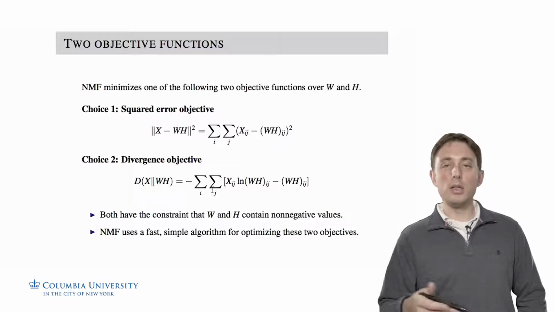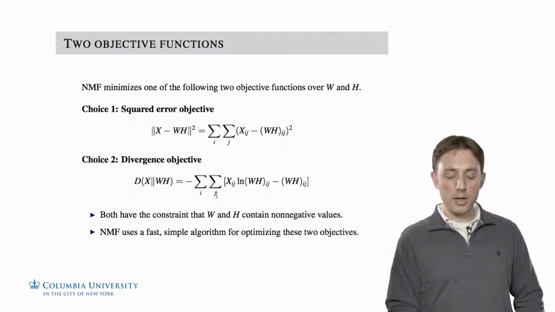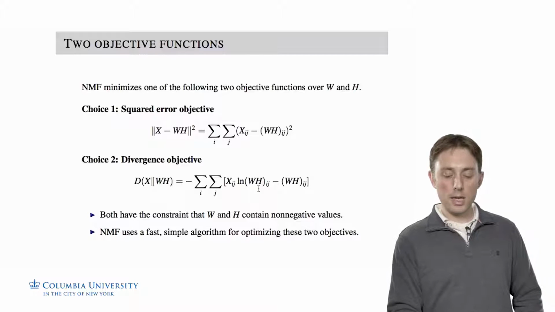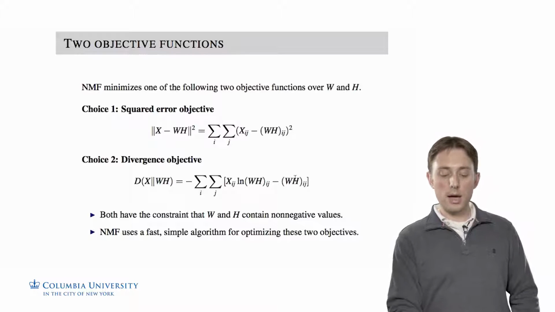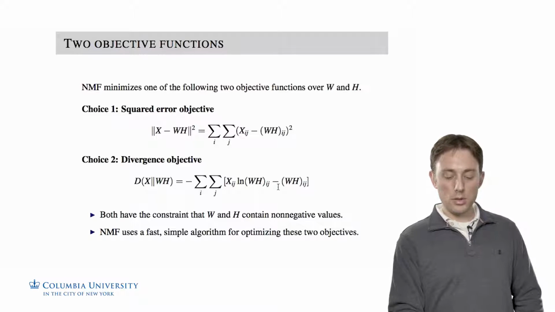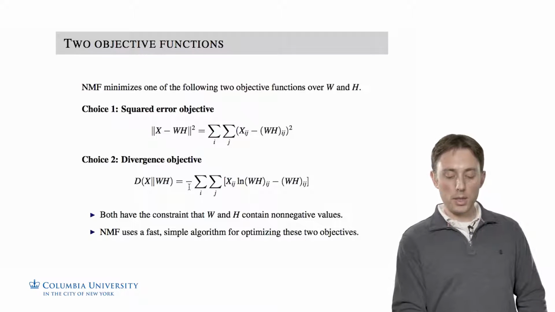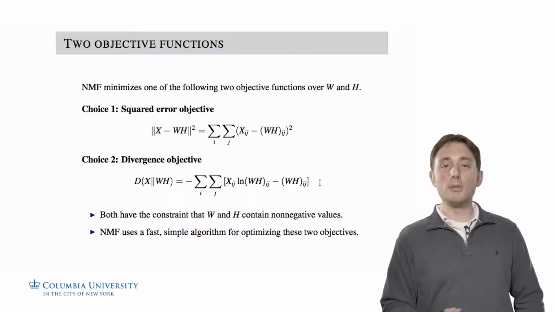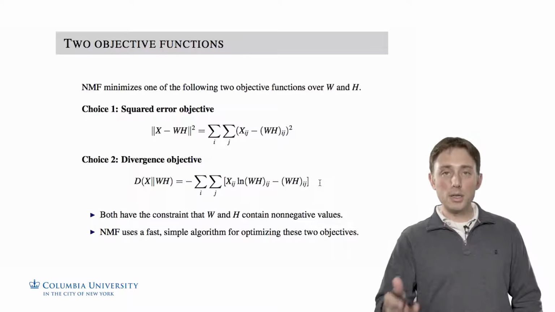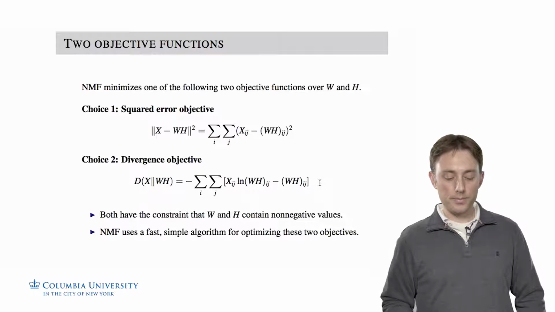We sum over all of the elements in the matrix, over i and j, the ijth element of the data matrix times the log of the ijth element of our approximation, minus simply the ijth element of our approximation. There's no data interacting with this term here, but there is data interacting with this term here. We sum them up, we take the negative, and now our goal is to minimize this. That'll be a different NMF algorithm.